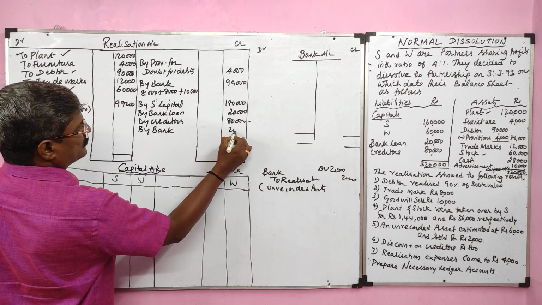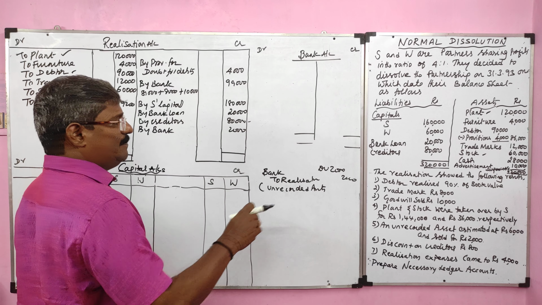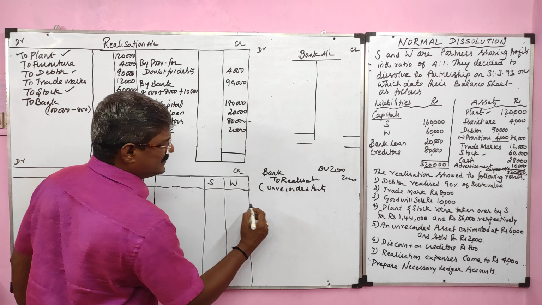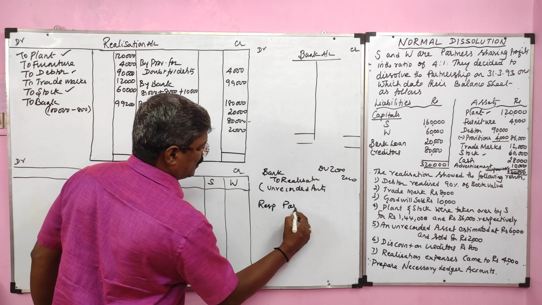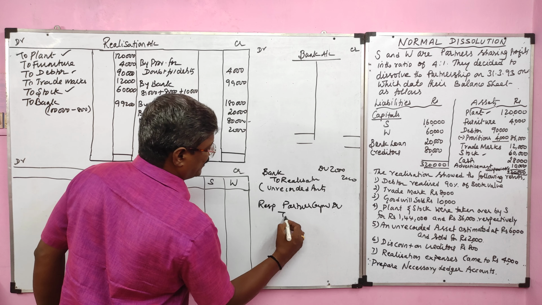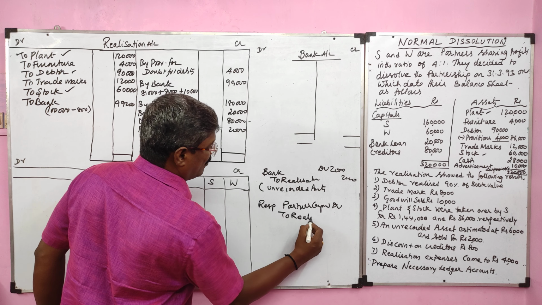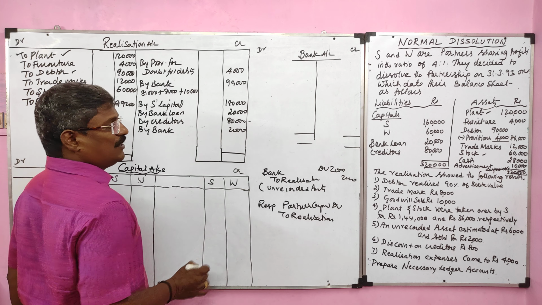Its value 2,000. Sometimes the unrecorded asset may be taken over by one of the partners. In that case, the entry is respective partner capital account debit to realization. Students, if unrecorded asset is realized by the firm, the entry is bank account debit to realization.